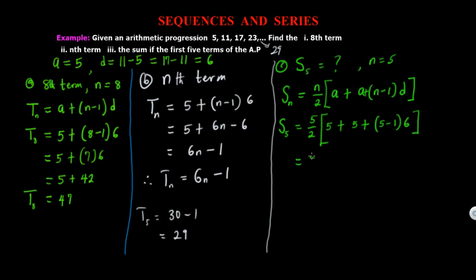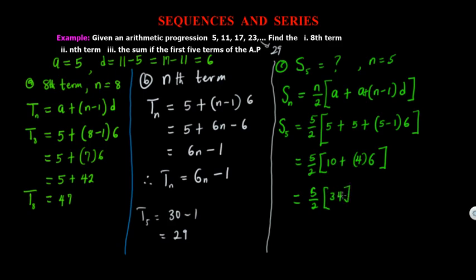So this is 5 divided by 2. This gives us 10 plus 4 multiplied by 6. And if we solve all this together, we can say this is 5 divided by 2. The problem of this, 10 plus 4 times 6, that's 24, plus 10, that's 34.